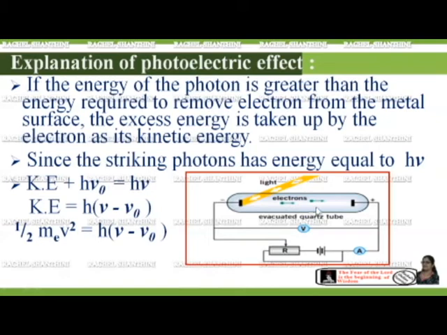Kinetic energy is independent of the intensity because intensity has no effect on the energy of the photons.